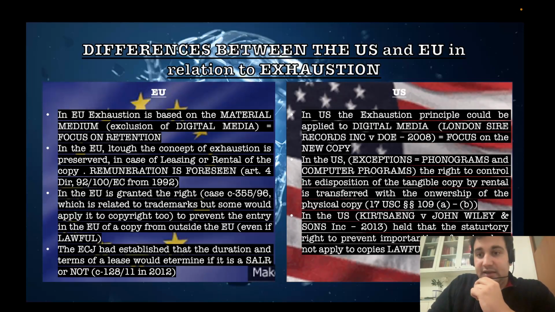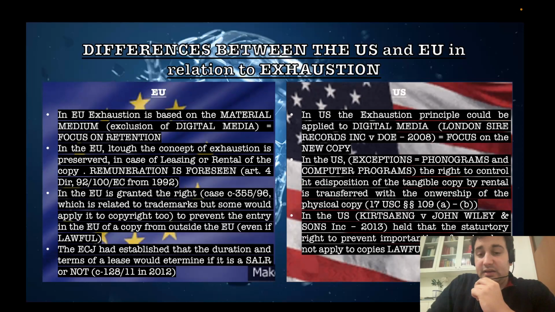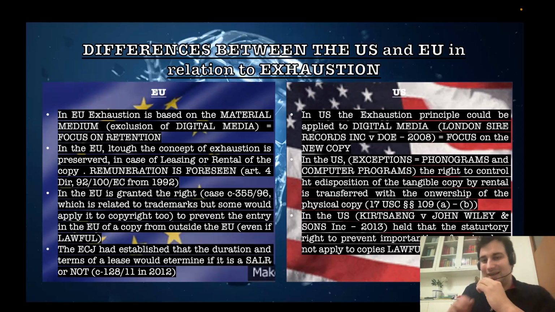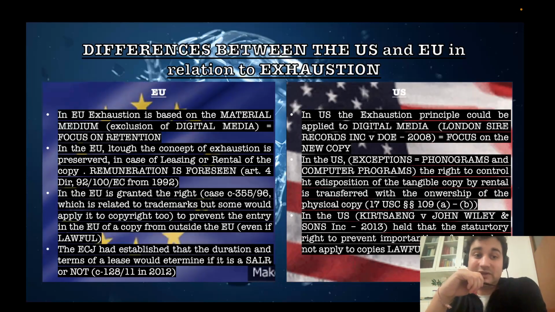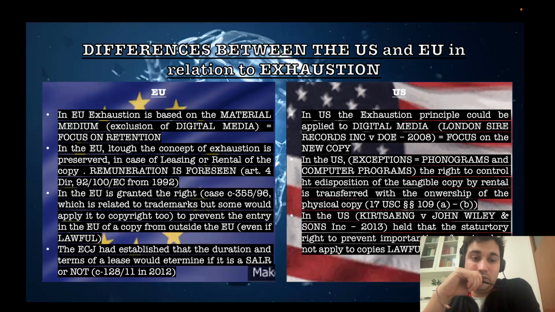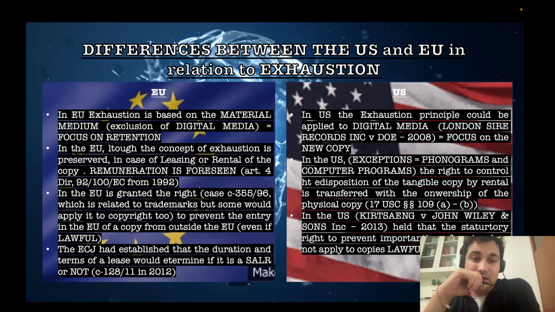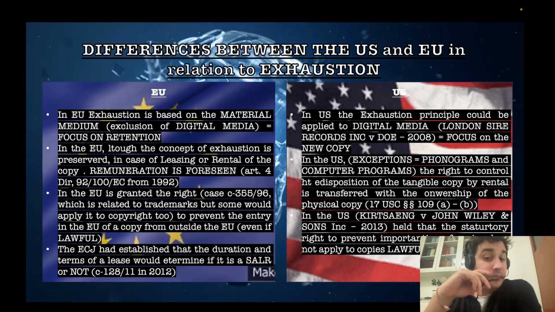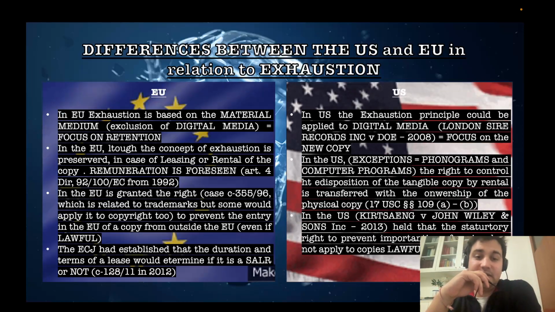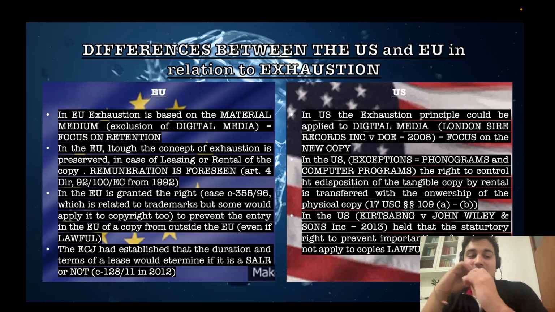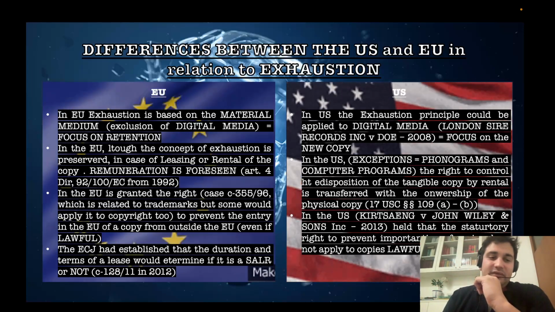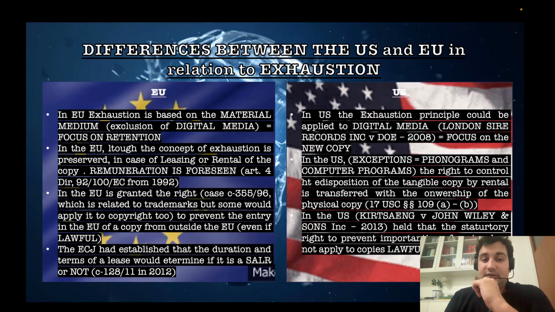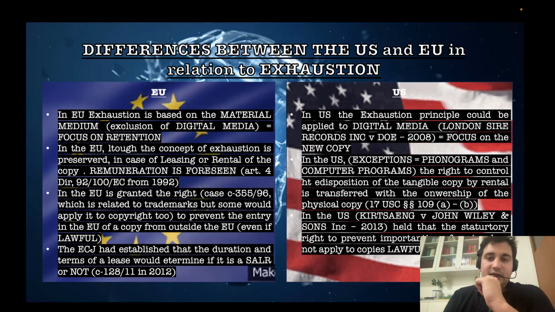This means that it's more risky basically to lease in a broader term because it would be considered a sale, and then you would use the exhaustion principle. Instead, with a lease, as we say, the remuneration is still foreseen. The Article 4 of the Directive 92/100/EC from 1992. So let's proceed.